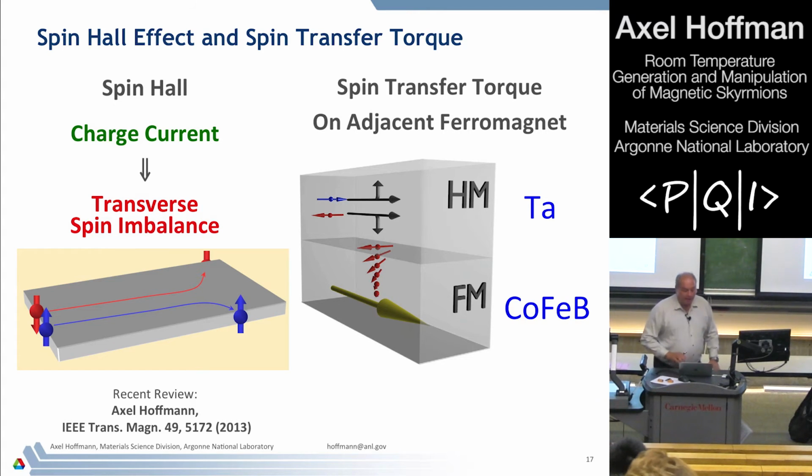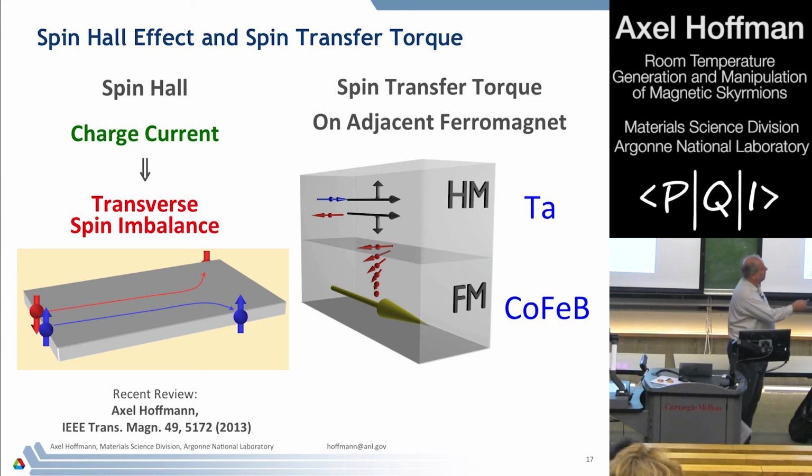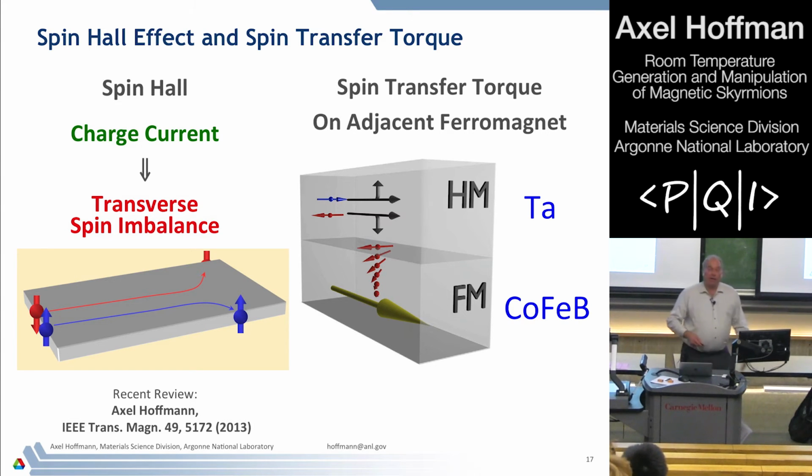Now, what you can do then is combine such a heavy element, let's say tantalum, with a ferromagnetic material, and now by passing a current through this heavy element, you generate a spin accumulation at this interface with this ferromagnet. And so this non-equilibrium spin population can then interact with the magnetization in the ferromagnet and change the direction of the magnetization.